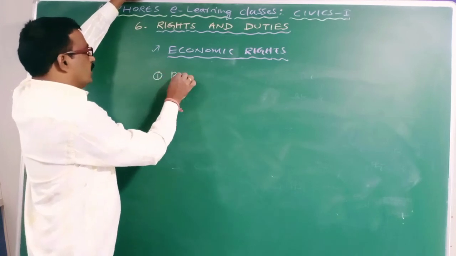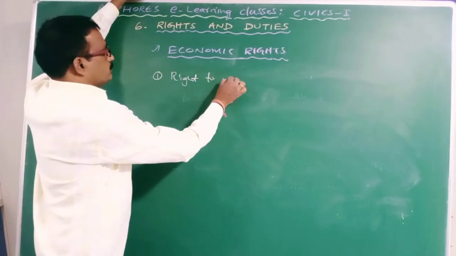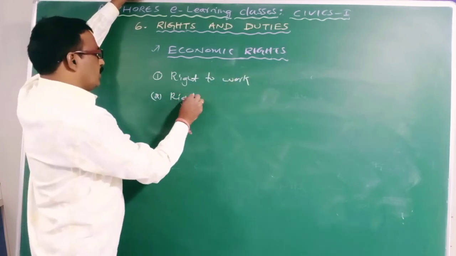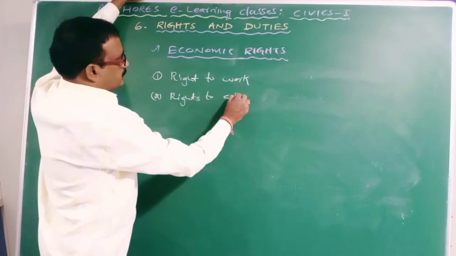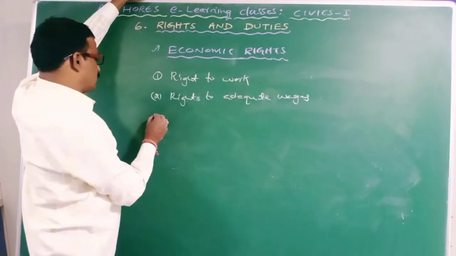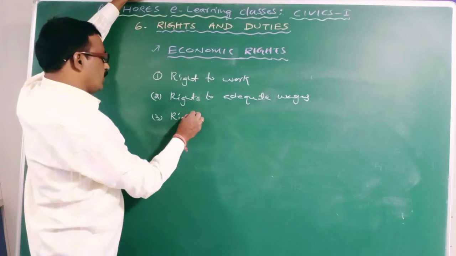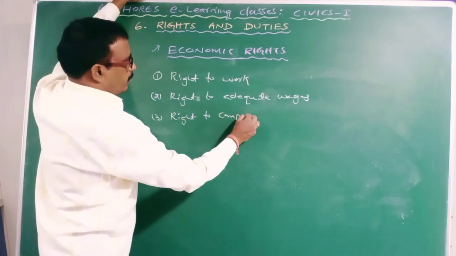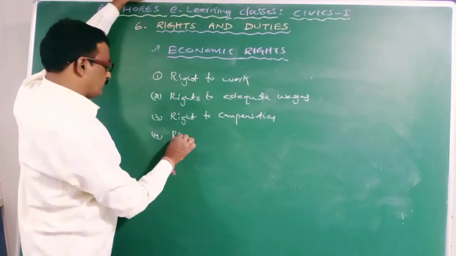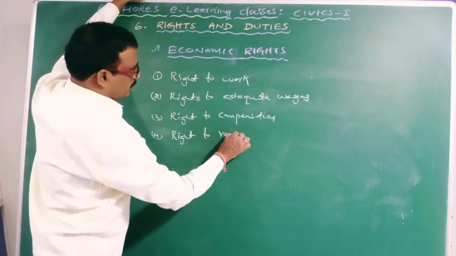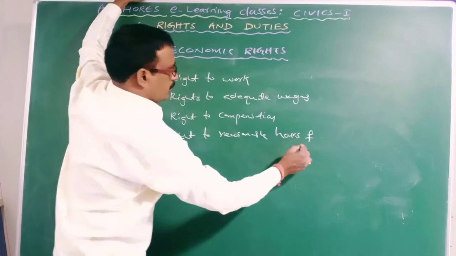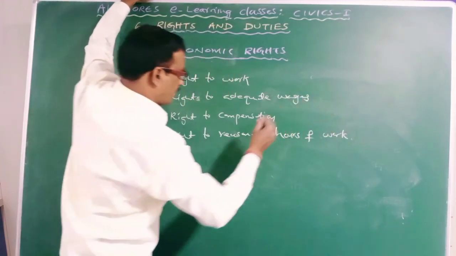First one is right to work. Number 2, right to adequate wages. Number 3, right to compensation. Then right to reasonable hours of work.